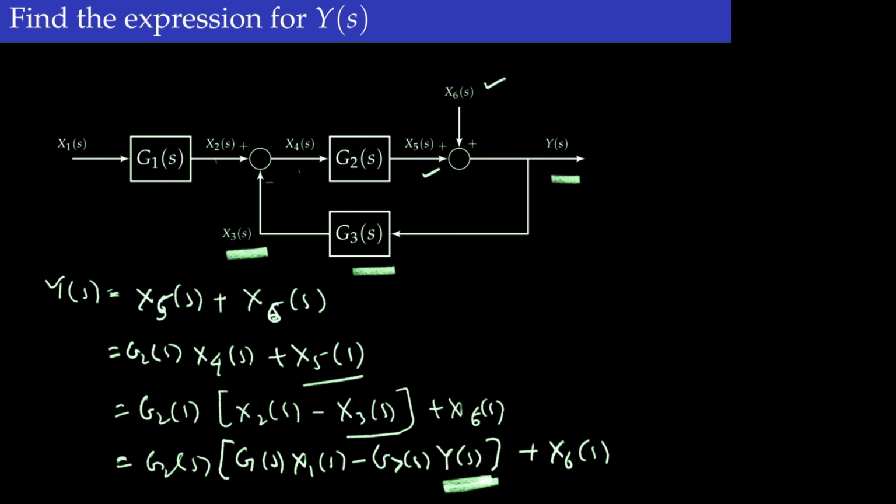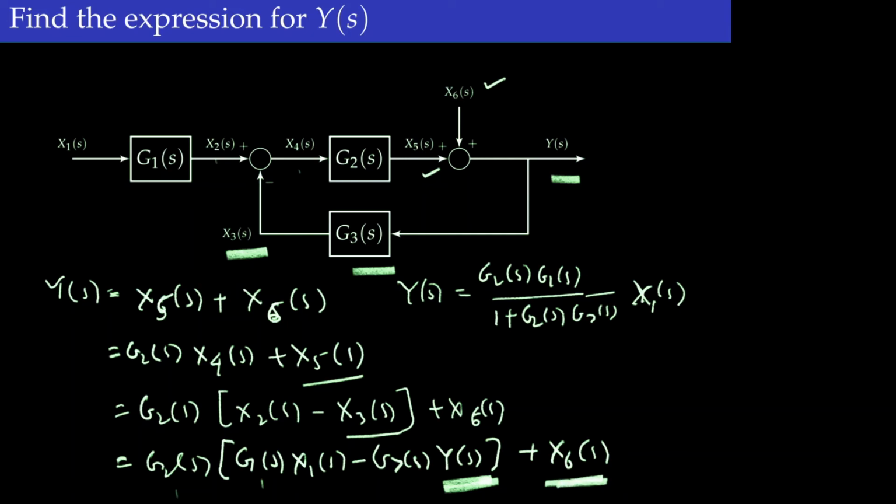And if you do the simple manipulation, we'll end up getting an expression ys will be g2 g1 over 1 plus g2 g3 x1s, and then for this term you will have 1 over 1 plus g2 g3 x6s. So that will be the final expression for ys.